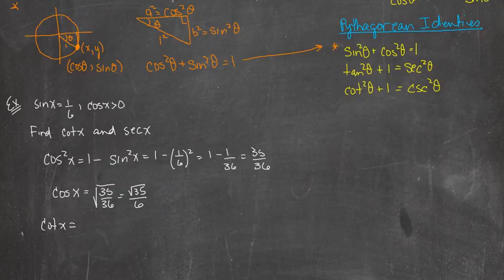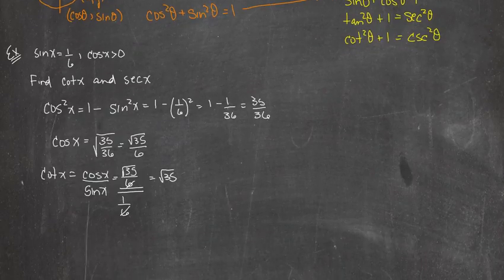If only I were to write the right identity, it would be easy. So cos x is root 35 over 6 and sine x is 1/6. Denominators cancel, and so the cotangent of x equals root 35.